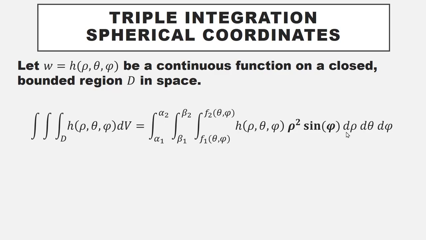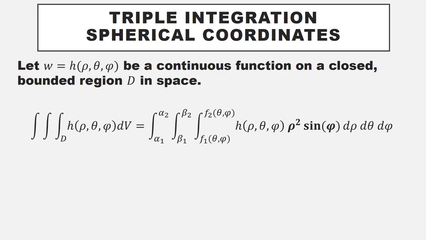Now, once again, the order of integration, if I integrate with respect to rho, then theta, then phi, there's a little bit of play in here of which one you integrate with first. And it kind of depends on how your function's written and how your three-dimensional object you're integrating over is. But the key thing is rho squared sine phi. Rho squared sine phi is the thing you have to insert instead of inserting an r like we did in cylindrical.